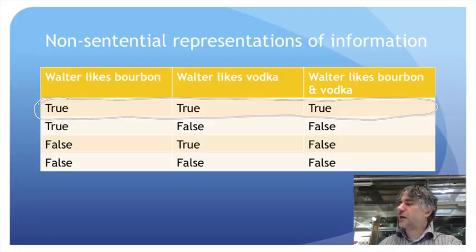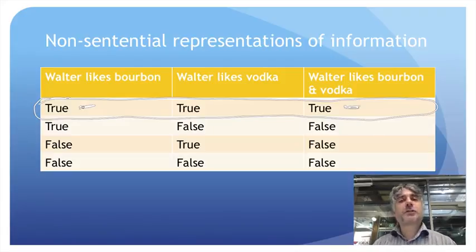So, for instance, by looking at this truth table, looking at our representation of the information, we can see very clearly that the argument from the premise, Walter likes bourbon and vodka, to the conclusion, Walter likes bourbon, is going to be a valid argument. There's no possible way for the premise to be true while the conclusion is false. Right? If the premise is true, then the conclusion is also going to have to be true.